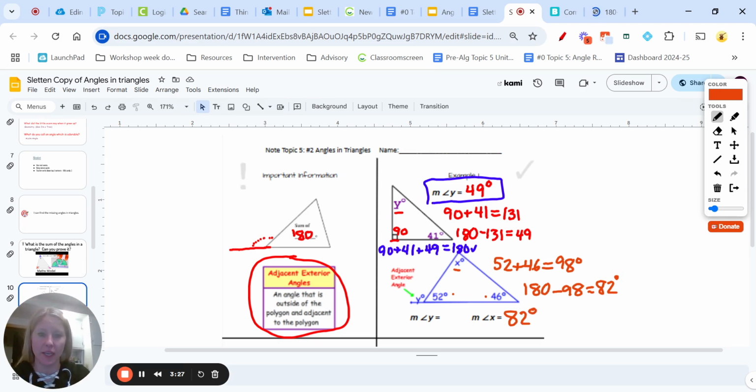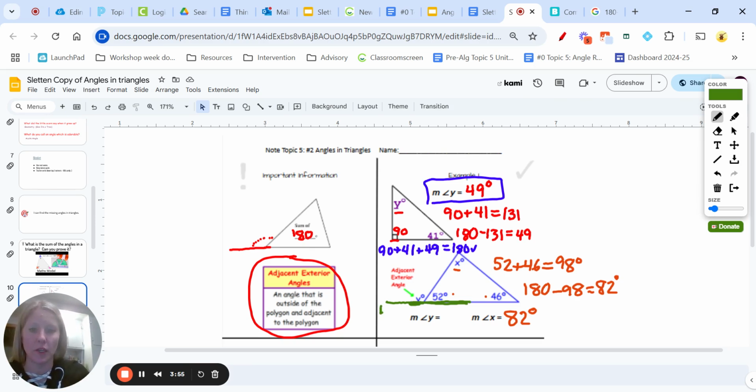Okay, now we have this exterior angle y over here. I'm just going to change the color quick. We have to figure out this y. If you look at it, y makes a straight angle with the 52 degree angle from inside the triangle. So I know that y plus the 52 degree angle would equal 180 because it makes a straight line, and supplementary is 180. Straight line is 180.